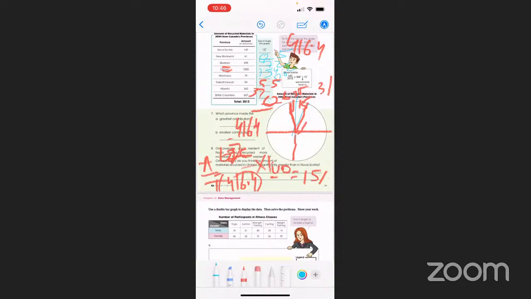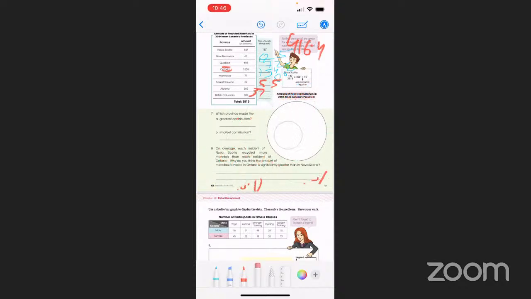I think I have to make another graph, but let's see. I'll try making on this one 6.25, and this is 15.